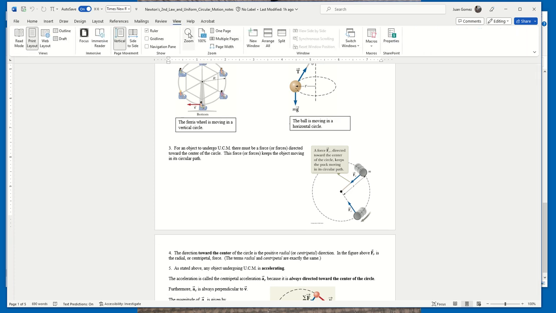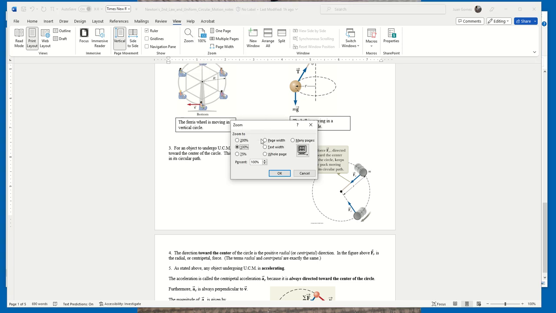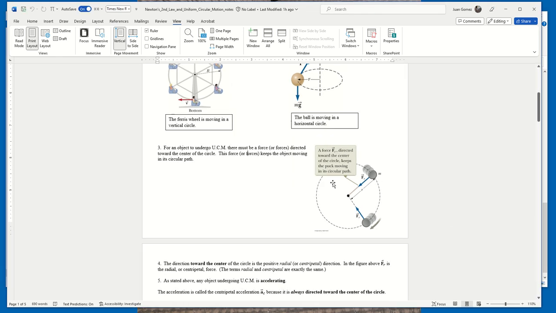Let me just zoom in a little bit. There we go. Now notice here, it looks like some type of a hockey puck at the end of a string. But notice in both cases, see the gray shaded arrow here?